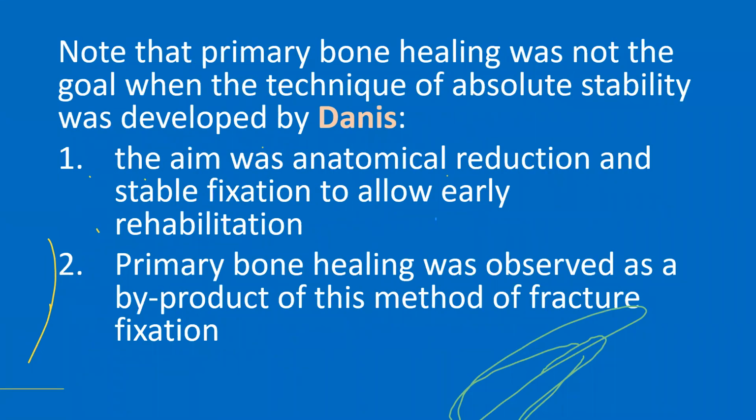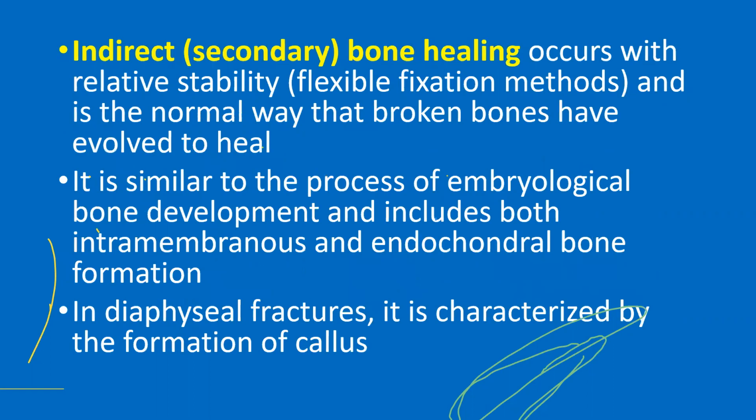Note that primary bone healing was not the goal when the technique was first described. The aim was anatomical reduction and stable fixation to allow early rehabilitation. Primary bone healing was observed as a byproduct of this method of fracture fixation.